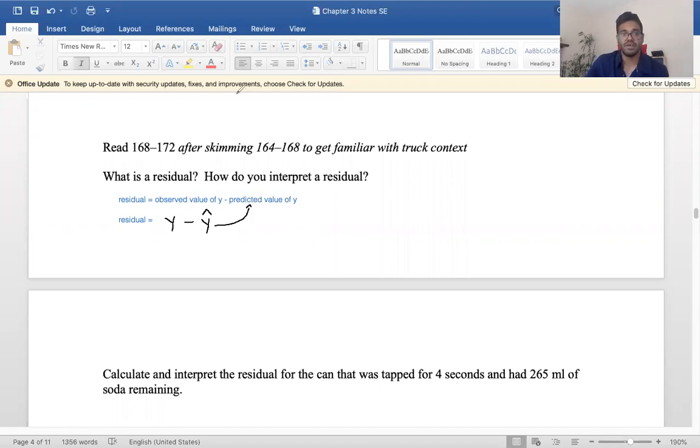And like I said, this is a measure of error. So how far is your line away from the actual data value in the set? And I'm going to show something kind of interesting about this whole thing in class. So we'll kind of do that.